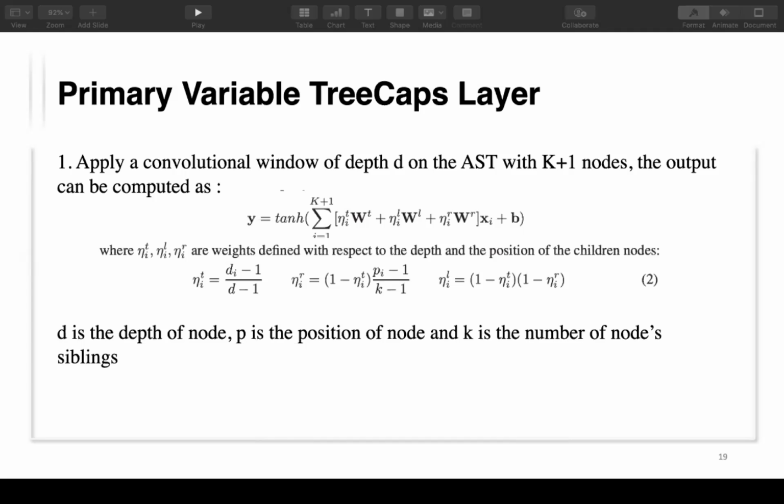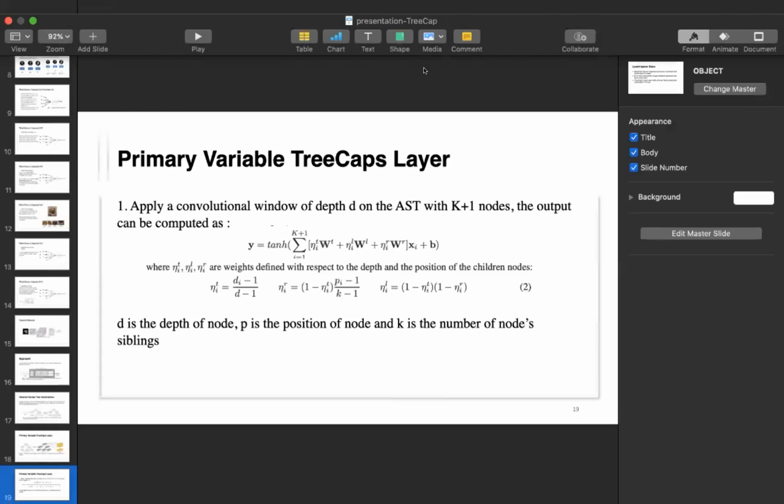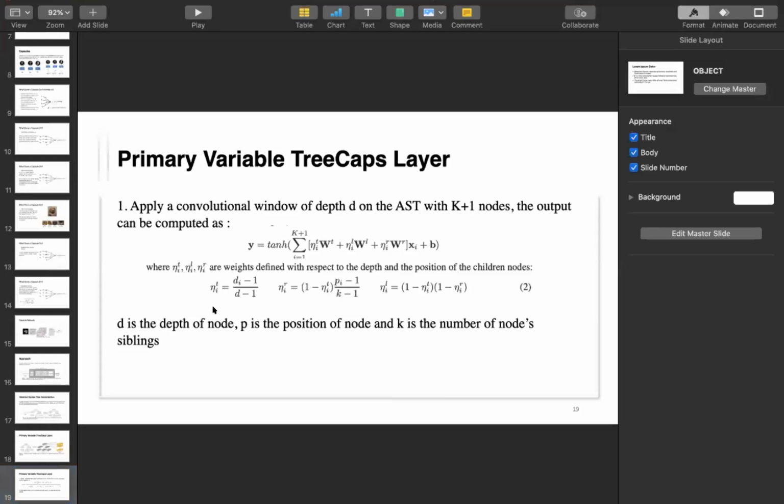Can you put some notations here? Here D_i represents the depth of node i, P_i is the position of node i, and K is the number of node siblings.